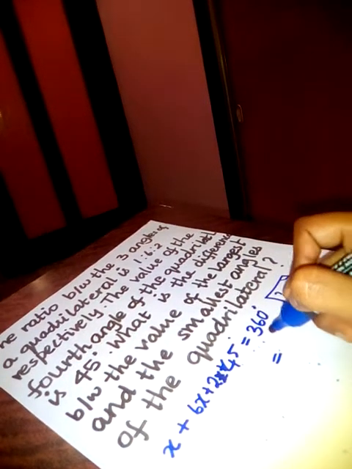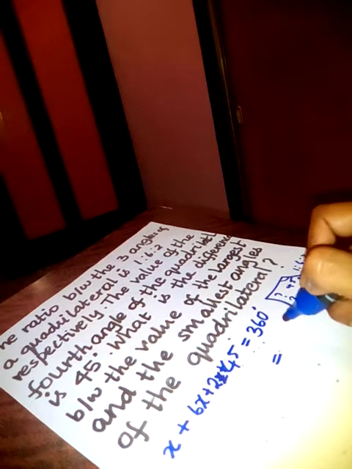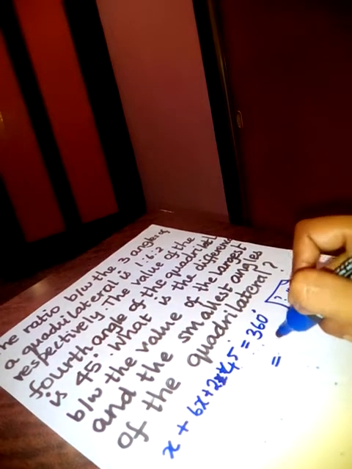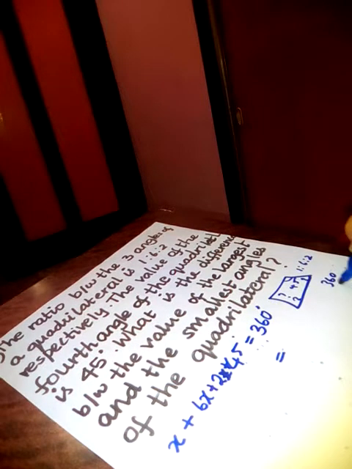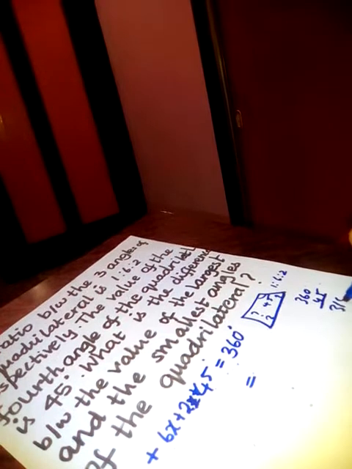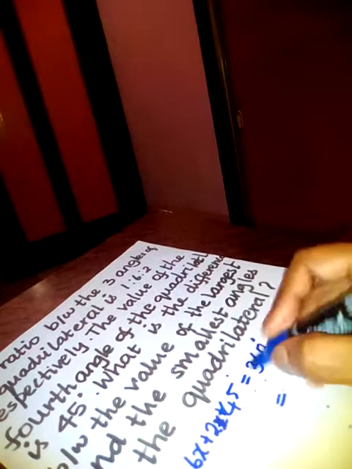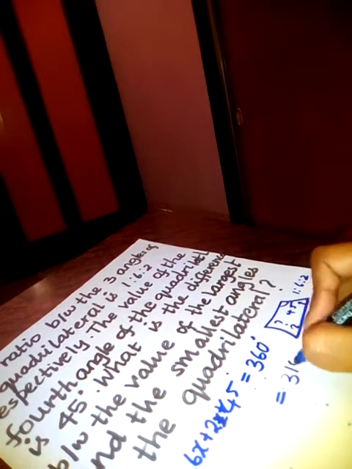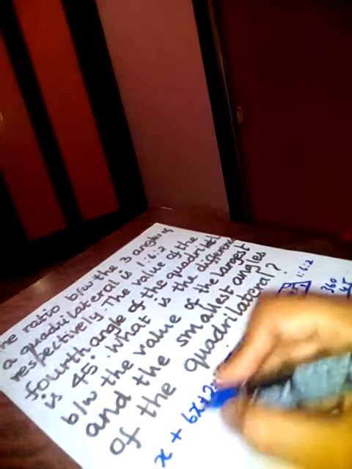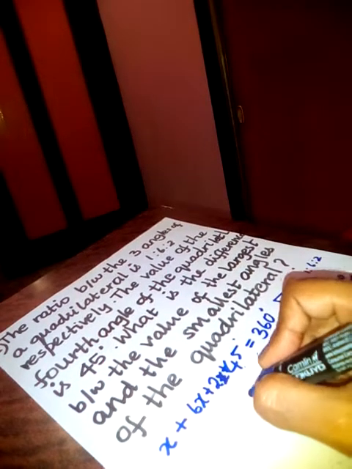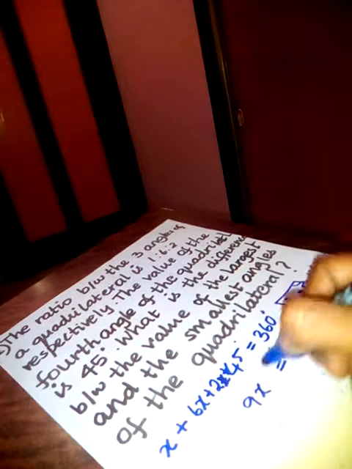Okay, first you subtract 45 degree from 360, hence you will be getting 360 minus 45 is 315, and 315 is equal to, on adding this x, you will be getting 9x.